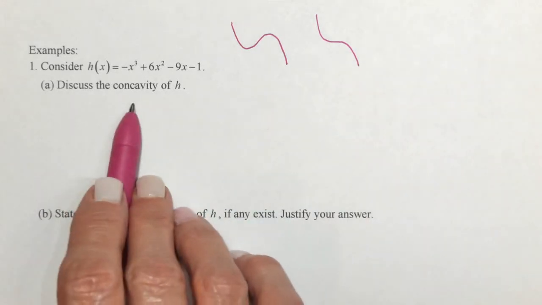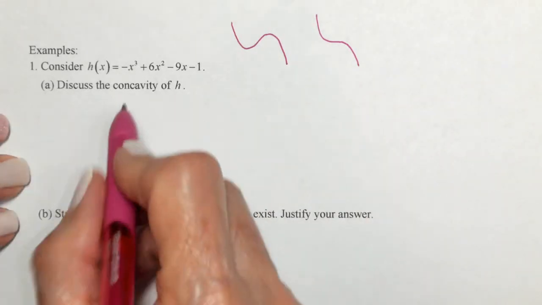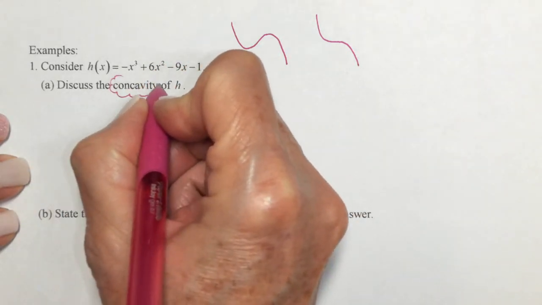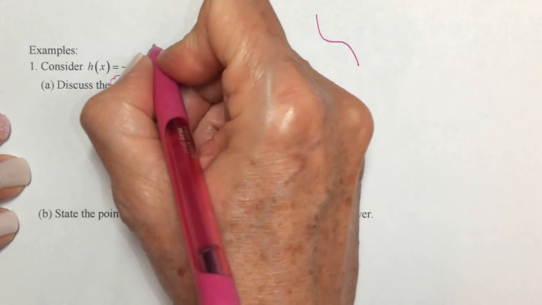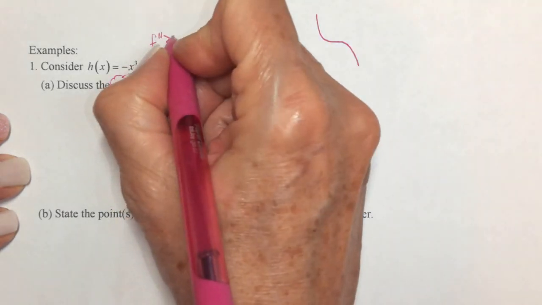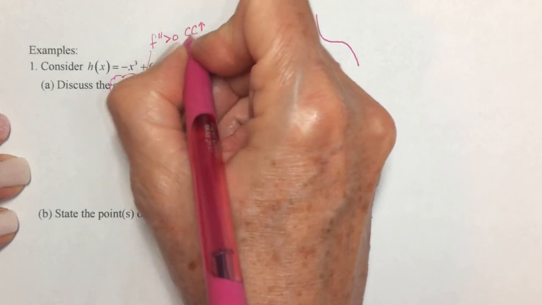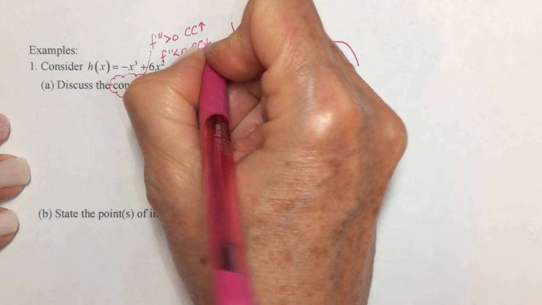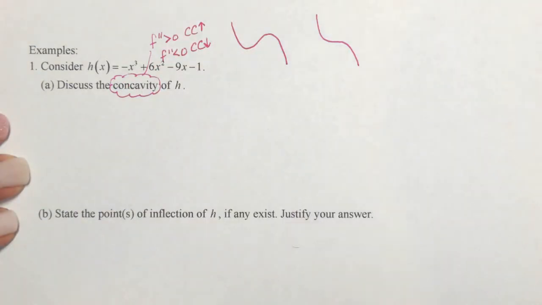Let's discuss the concavity of H. So as soon as I see concavity, I think to myself, f double prime. F double prime is positive for concave up. F double prime is negative for concave down. That'll be our discussion of concavity.